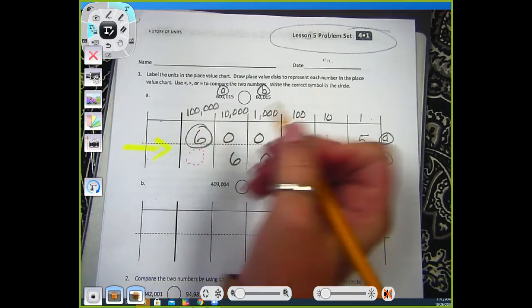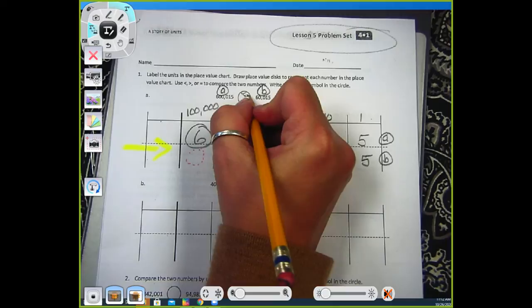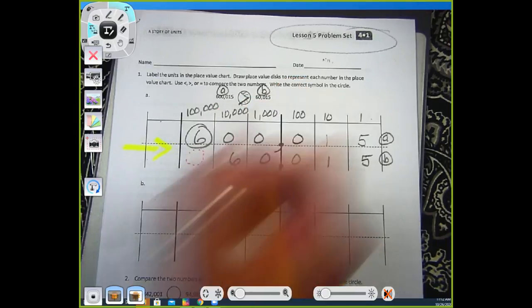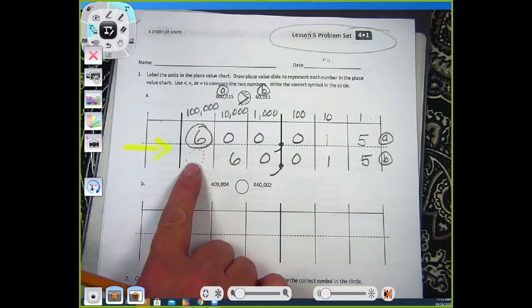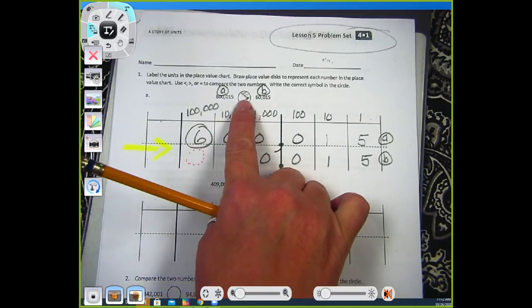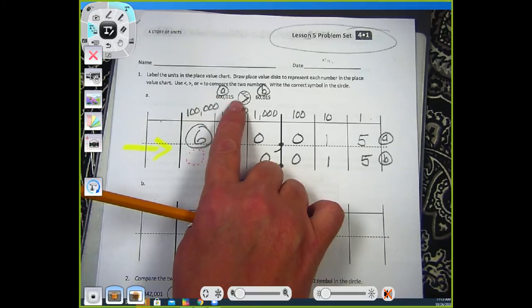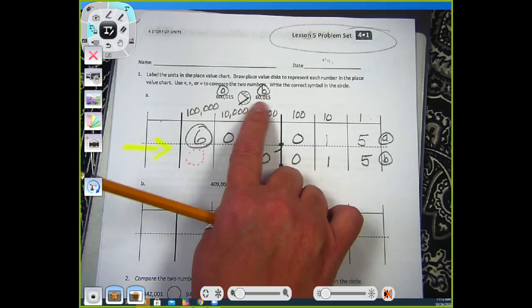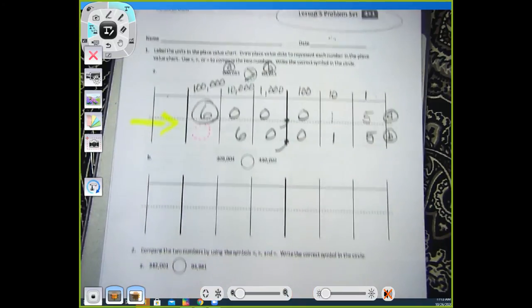So remember, we want the opening to go to the bigger number, right? Because the teeth are on the outside, is how Mrs. Miller explains it. So the 6 is bigger than the 0. So I want the opening to go here. The way I would say this is 600,015 is greater than 60,015. All right, let's try the next one.